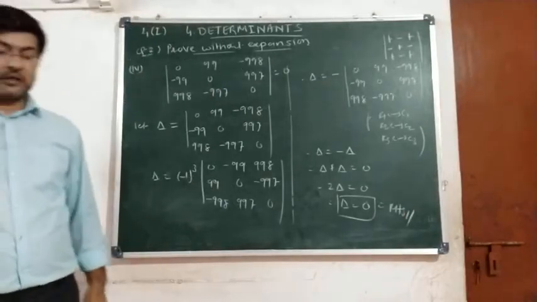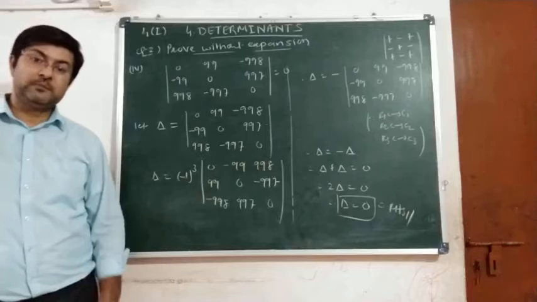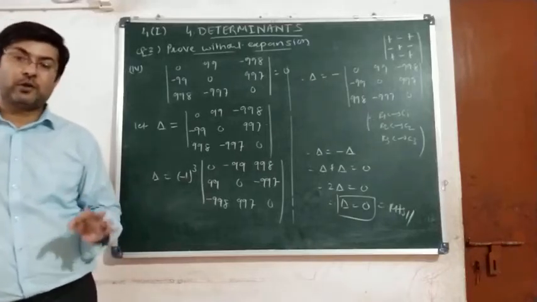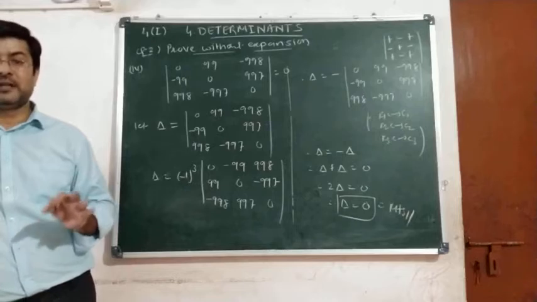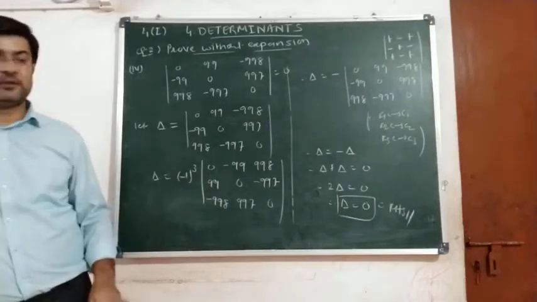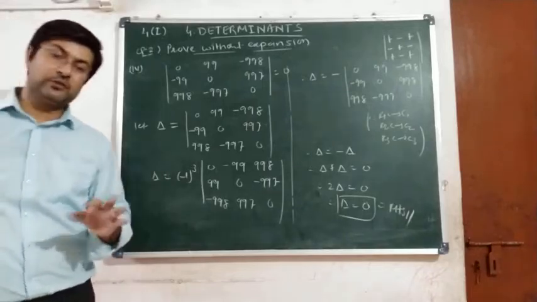Okay, so now onwards this will be treated as a property, that a skew symmetric matrix, you may note down, a skew symmetric matrix of odd order will have the 0 value of its determinant, or the determinant of a skew symmetric matrix of odd order is always 0.